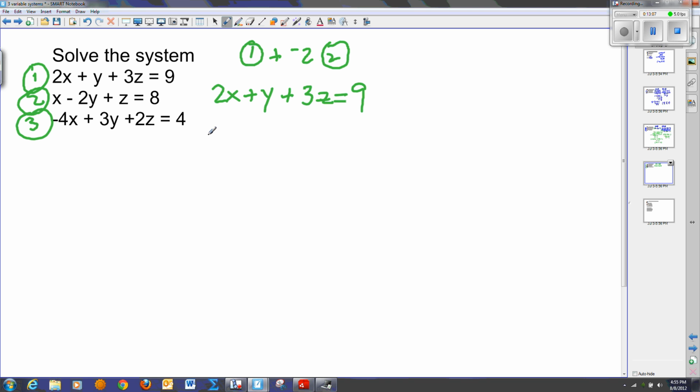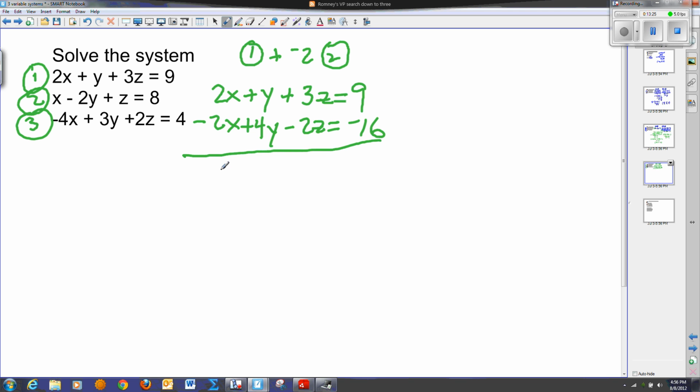And negative 2 times equation 2 is negative 2x plus 4y minus 2z equals negative 16. Adding those up and eliminating, I get 5y plus z equals negative 7.